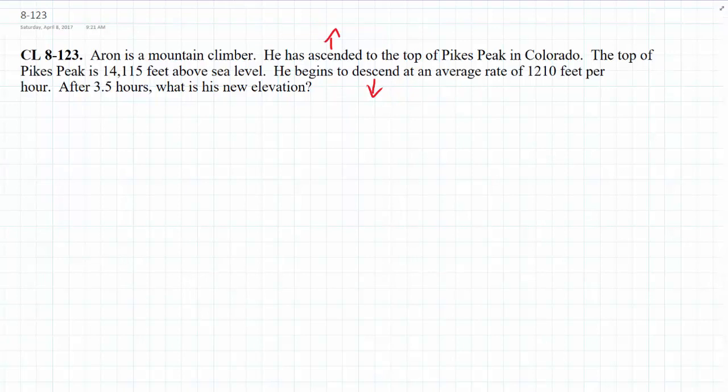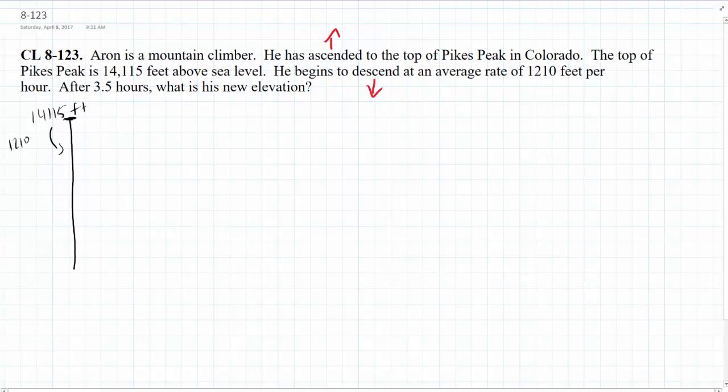Okay, so I'm just going to do a vertical number line. I'm not going to draw mountains or anything, but he's at 14,115 feet. That's where he's at up here. He's going down 1,210 feet every hour, per hour.